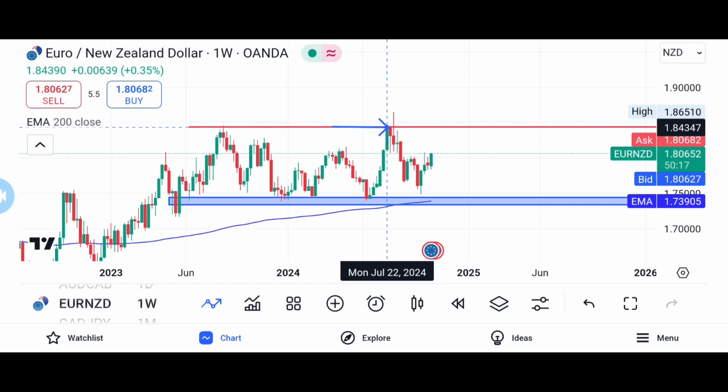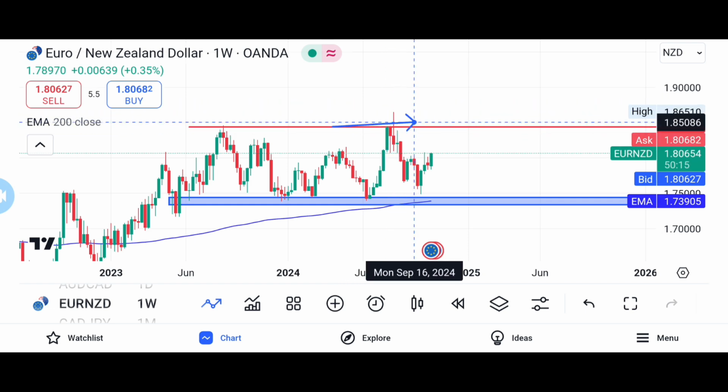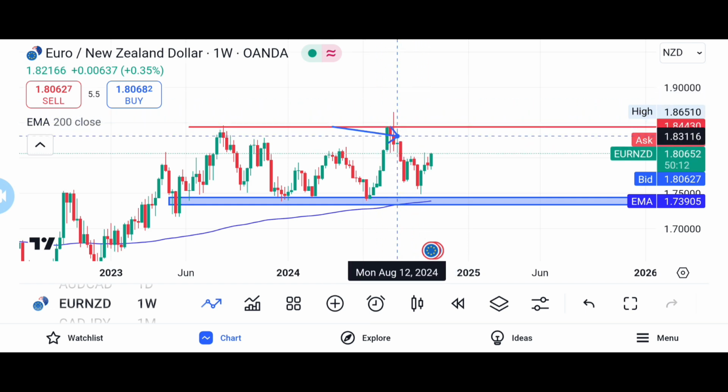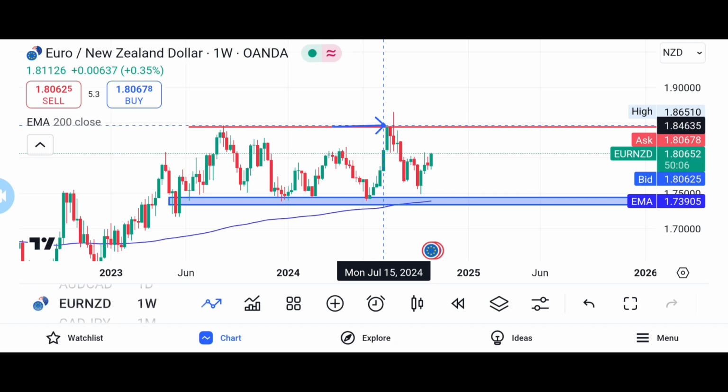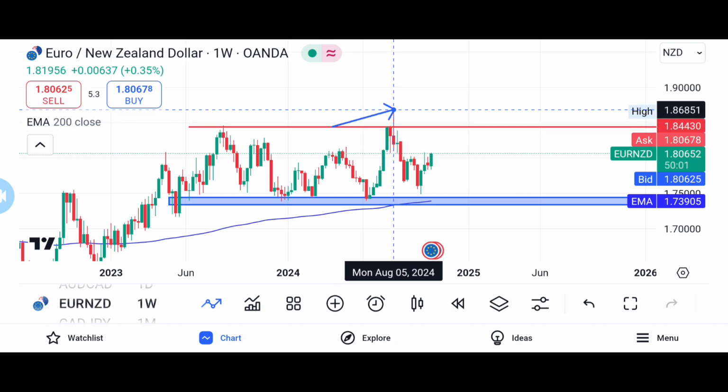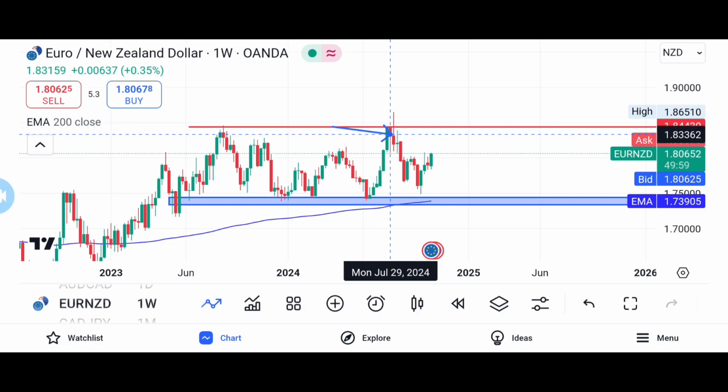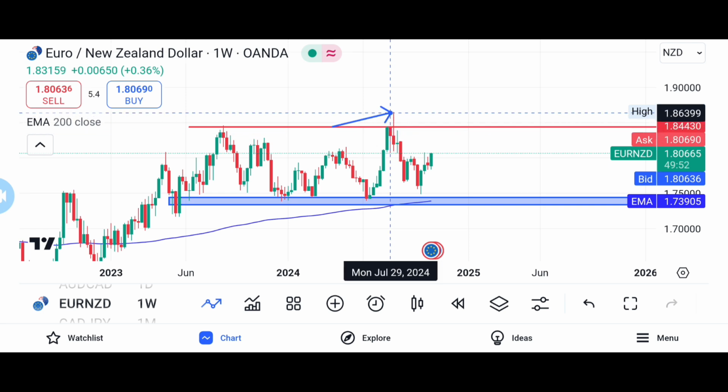The liquidity was taken here, because the world knows that every time the price reaches here, the sellers are expecting to come in, and they put their stop loss above here. That's why the big institutions knew that, and went back and collected all the stop losses. This means that these are fake outs.